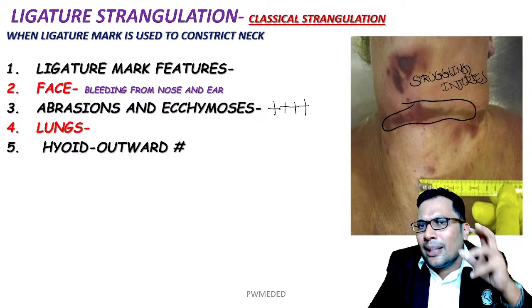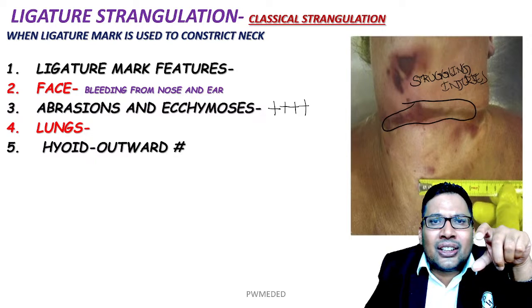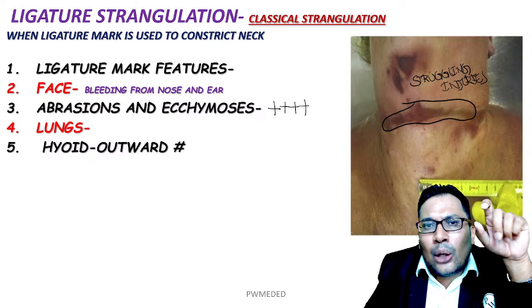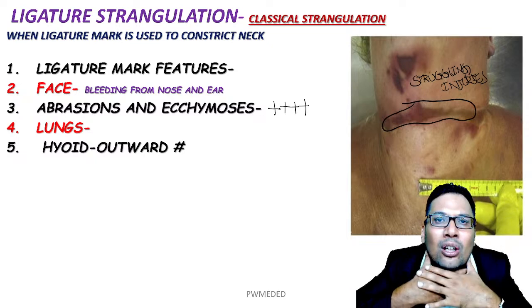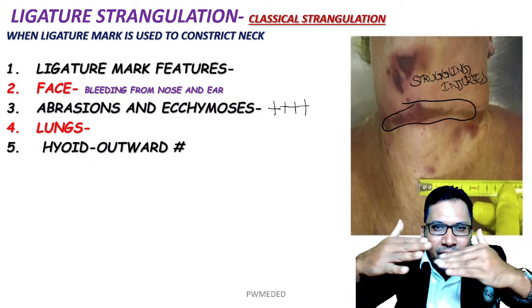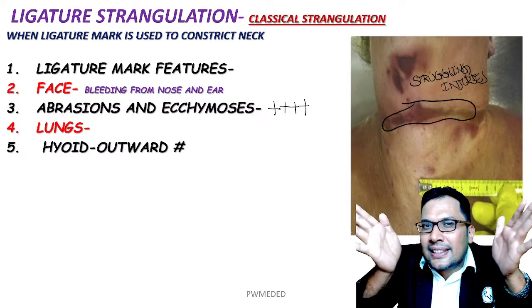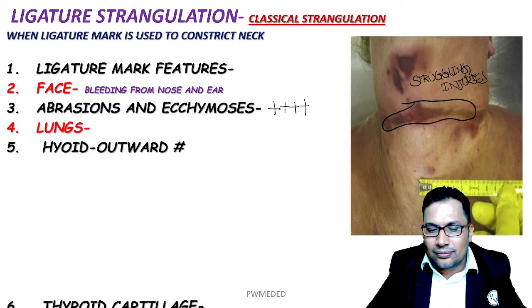Hyoid bone is also very commonly asked. Remember, hyoid bone fracture in hanging and in ligature strangulation is an outward fracture. In case of throttling, that is an inward fracture. Inward fracture is seen in manual strangulation. Outward fracture is seen in ligature strangulation and also in hanging.